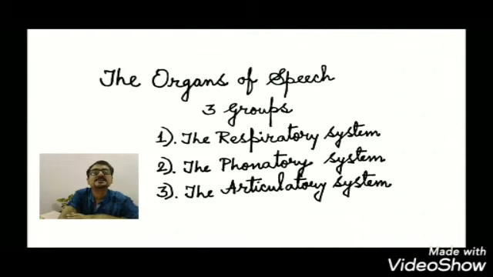And the second is the phonatory system. What is the phonatory system? At the end of our windpipe, we have the larynx. It is also called the Adam's apple, the part which can be seen in adult males, the swelled up ball-like structure.